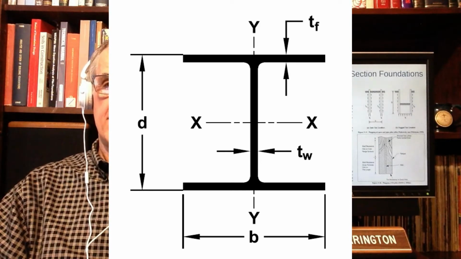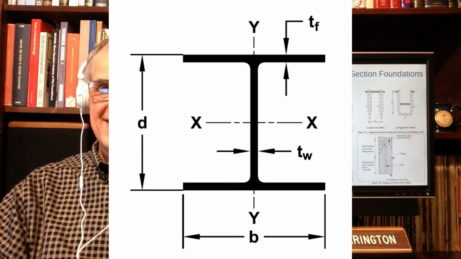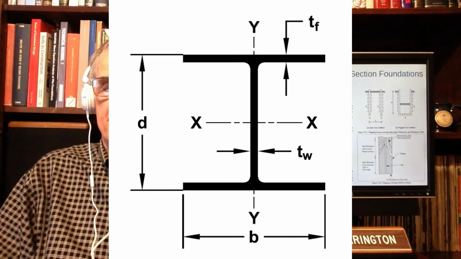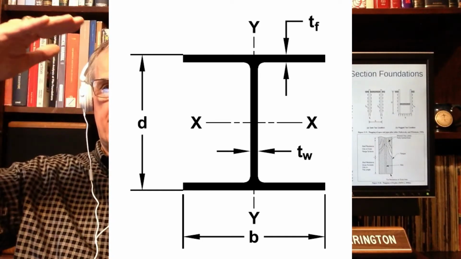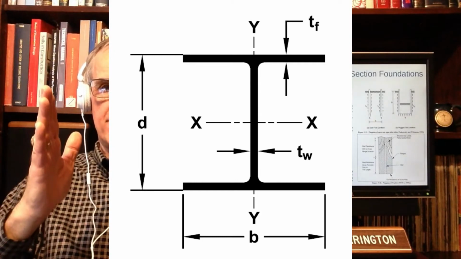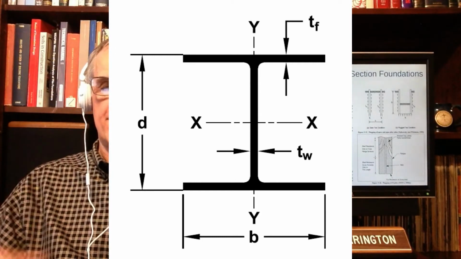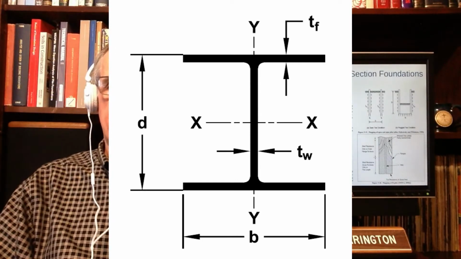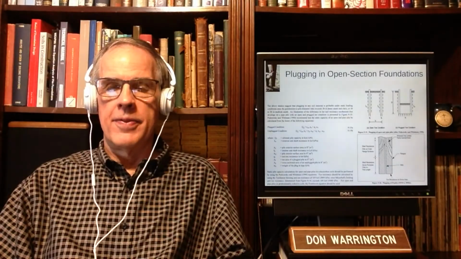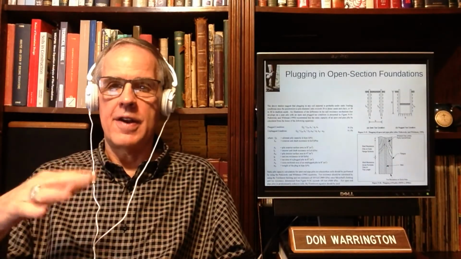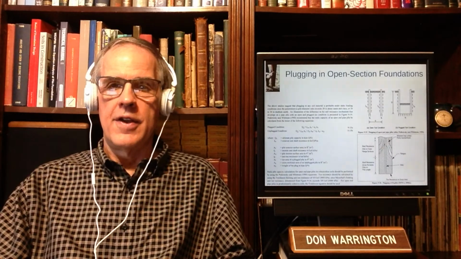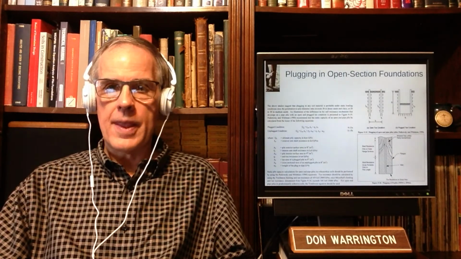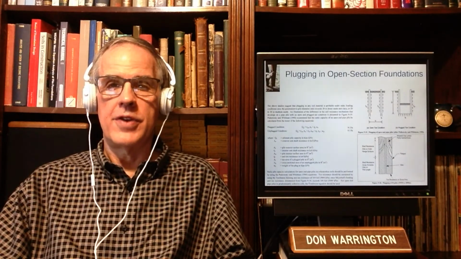So if you have reason to believe you're going to get H-beam plugging, you simply say that the wetted perimeter is not 6 times the size, but 4 times the size, basically along the flange, between the two tips, and on the bottom flange. 4 times, like a square pile. That's the effect of H-beam plugging. It reduces your shaft resistance, your shaft capacity.